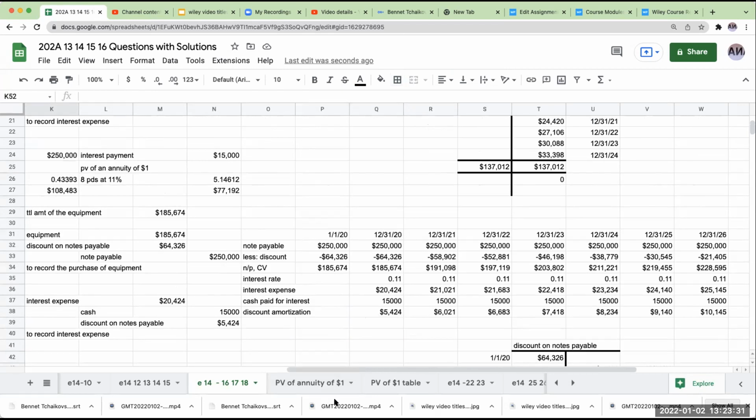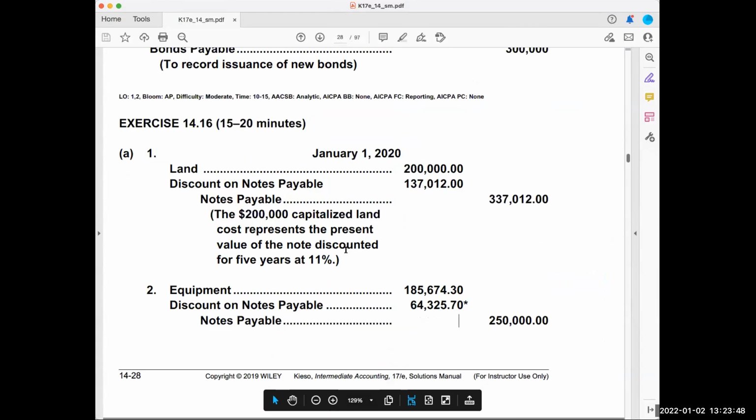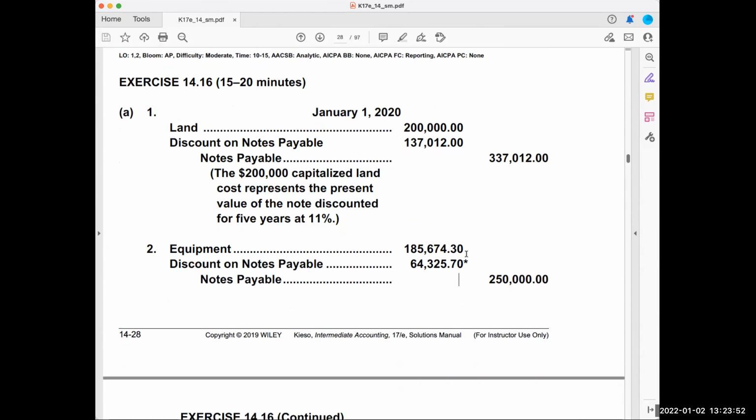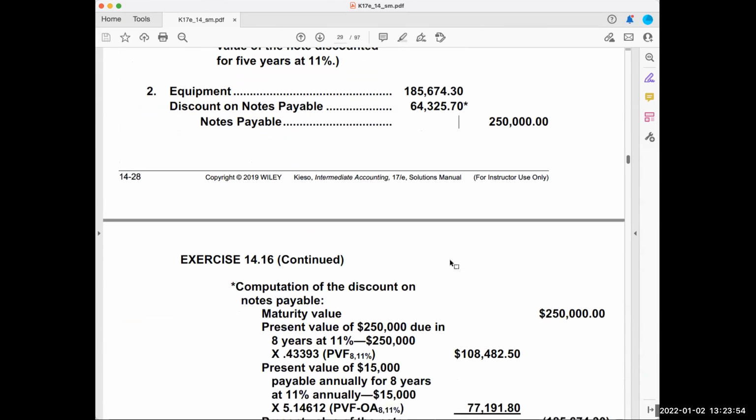Now, for fun, what I want to show you, so that you know I'm not completely crazy, is their solution, because you'll see it just doesn't really make sense. The solution for the land, we already got that down and we've seen how that works.